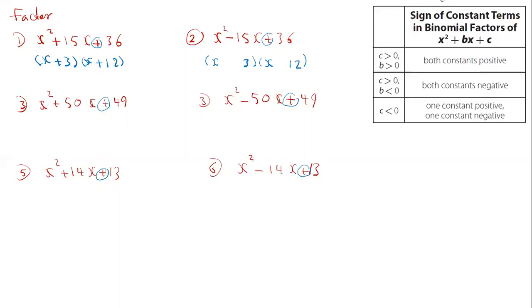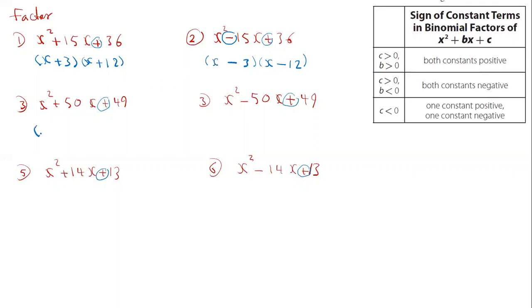The signs of the two binomials will be negative, because if the last sign is positive, we follow the sign of the middle term. It will be minus, minus. Check your answer and you will find the trinomial.